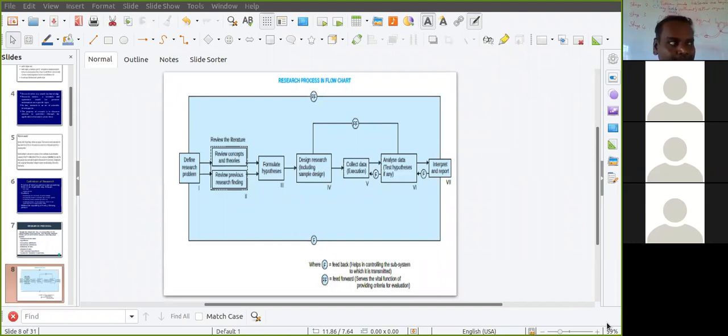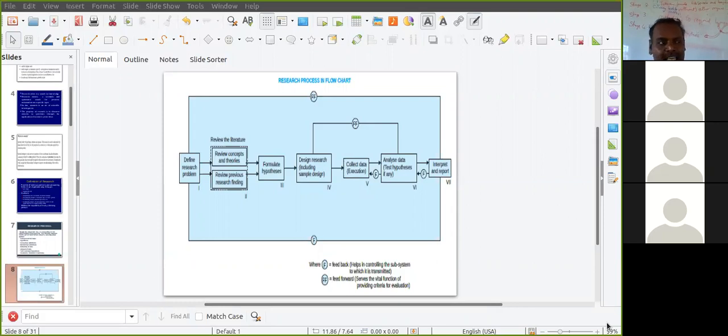If you are describing a particular health issue, then it is going to be descriptive research. According to the nature of the study, you are going to set the research design. The research design also includes setting the sampling procedure: how many individuals I am going to study, and how I am going to generalize using the sampling procedure.